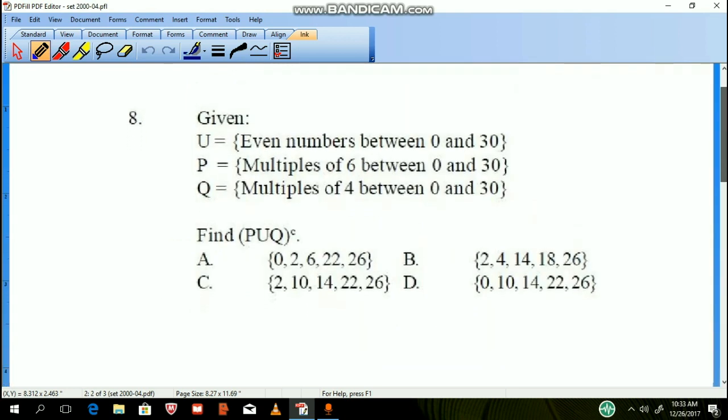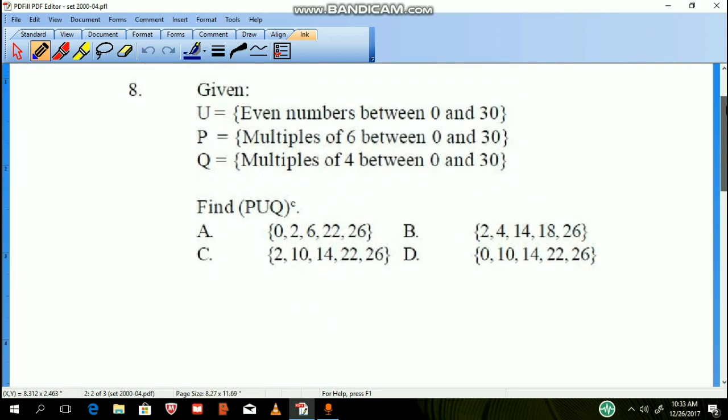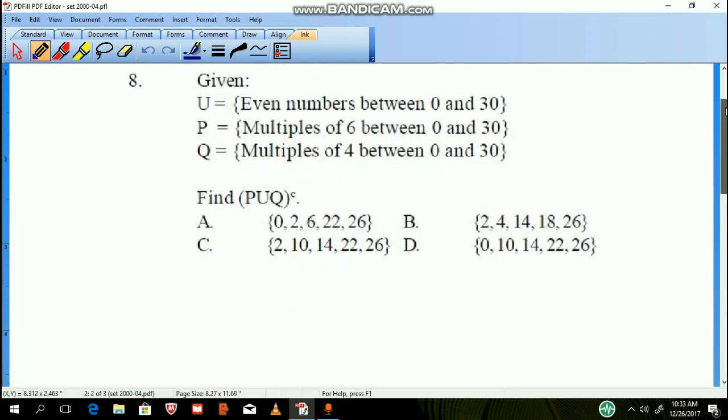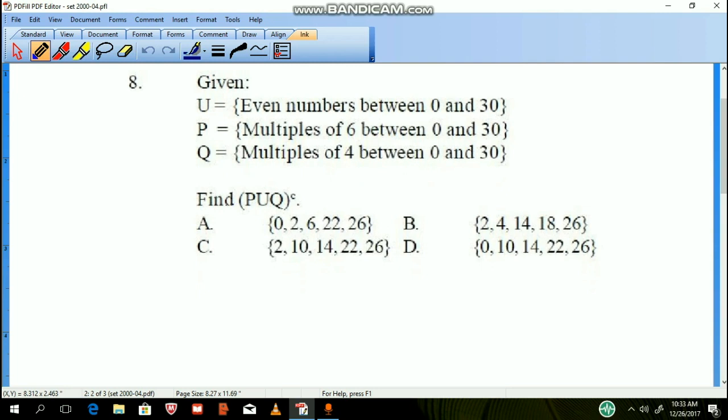Then number 8, we have given you as even numbers between 0 and 30. P multiples of 6 between 0 and 30, and Q multiples of 4 between 0 and 30. Find P union Q complement.